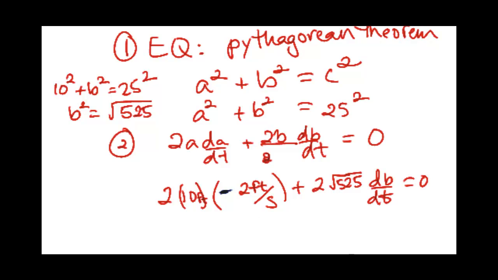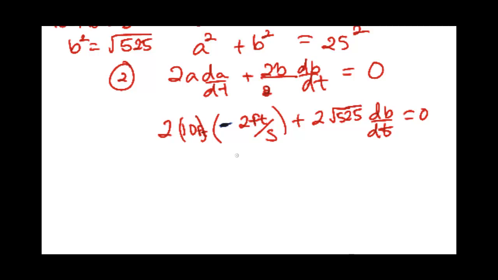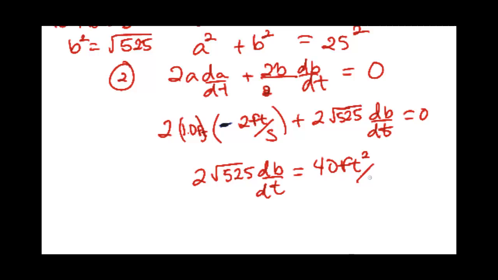Add that over, and we get 20 times 2 is 40. This is feet over here, I forgot the units. Divide both sides and dB/dt is going to give me 40 over 2 root 525, whatever that numerical value is.